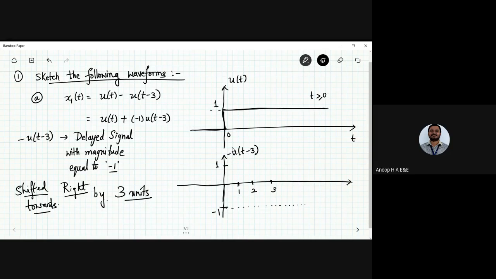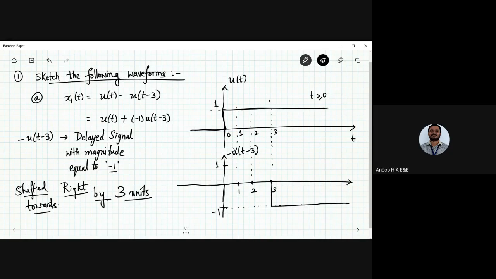So it is shifted towards the right, with magnitude equal to minus 1. This is what you are going to observe here. This is 3, this one is 2, and this one is 1. So 1, 2 and 3.